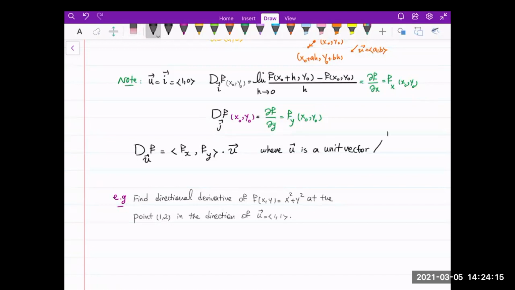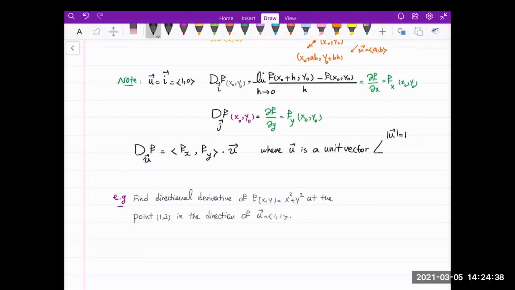I mean, the length of u is 1 if you want to use the formula. If we want to calculate the directional derivative of f with respect to some vector that is not a unit vector, what you should do is find the unit vector in the direction of the given vector. How do you do that?